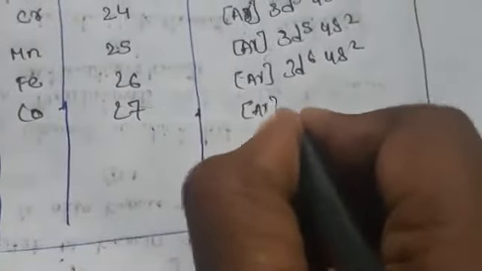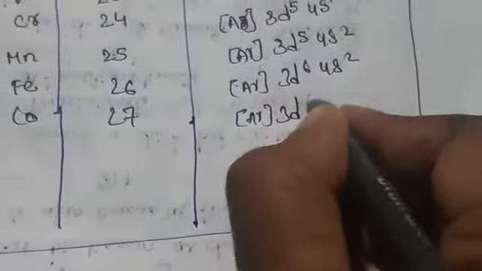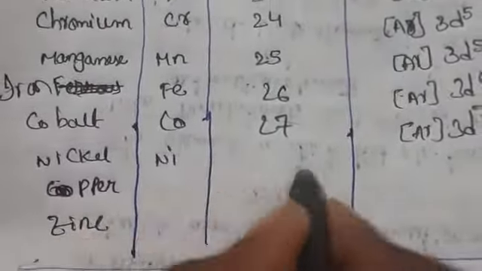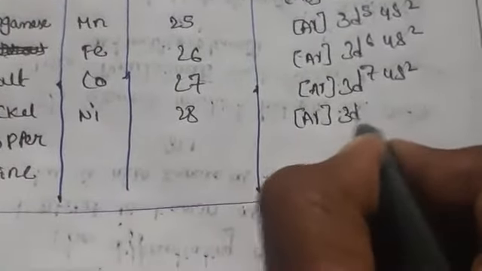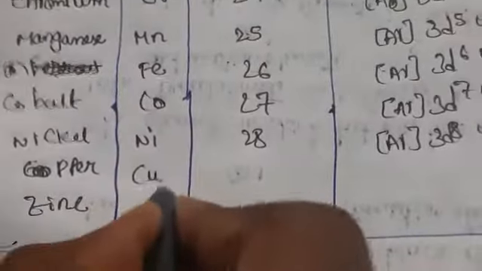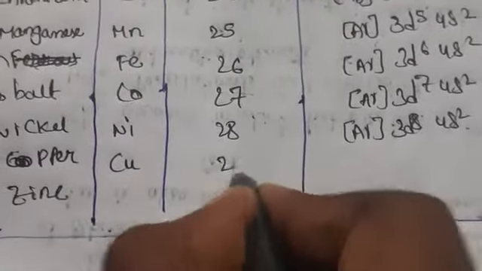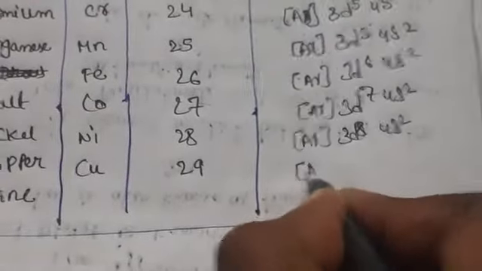Coming to cobalt, the symbol is Co, atomic number 27. We write argon 3d7 4s2. Nickel is Ni, 28, argon 3d8 4s2. Next copper, Cu, atomic number 29. Same as chromium, only the configuration changes for chromium and copper.